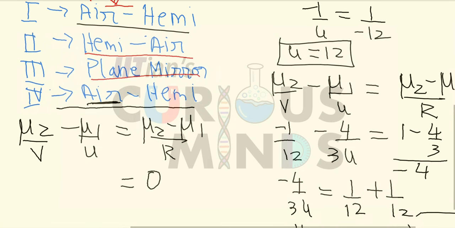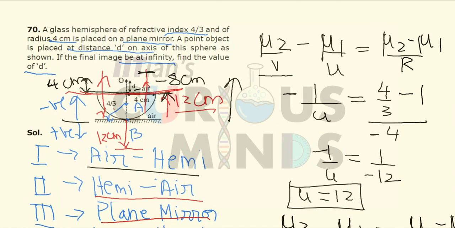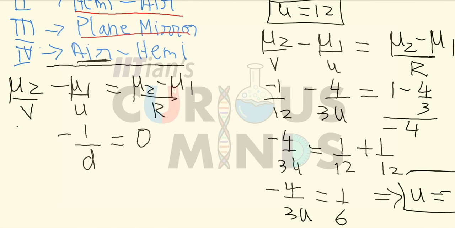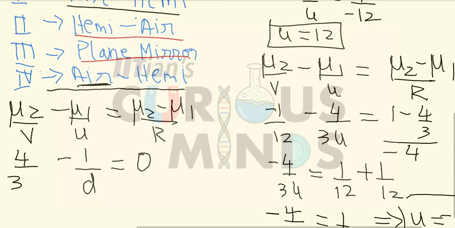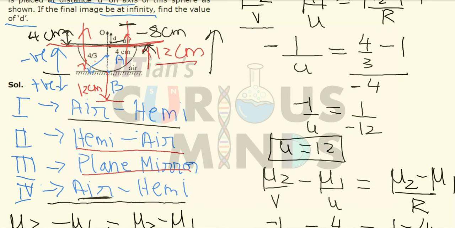The object is situated in air, so it will be equal to 1 divided by object distance over here. The main object distance is d. Mu2 over here is equal to 4 by 3, and the image distance over here, if I want, I can take it as negative, otherwise I can take it as positive also.